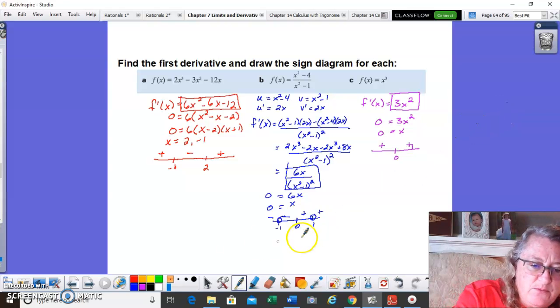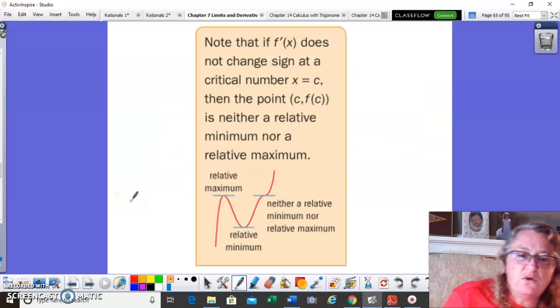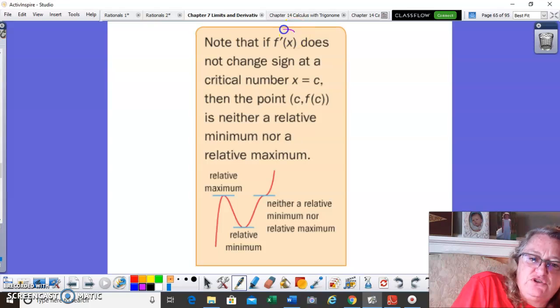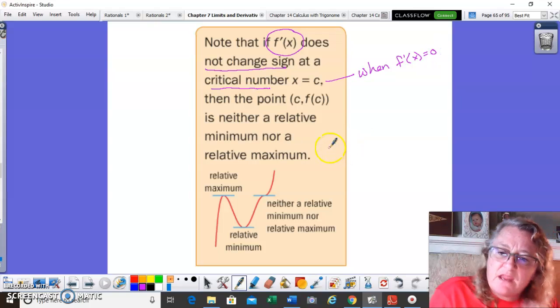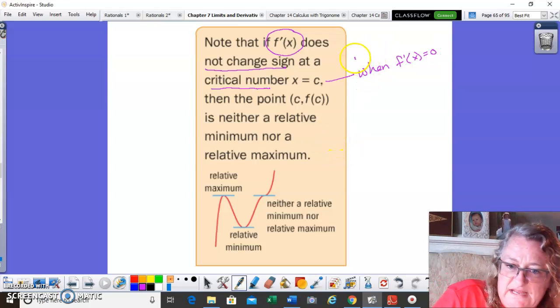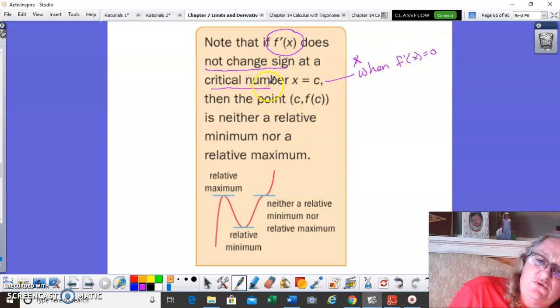So next up, what we want to talk about is what some of this stuff is going to mean for us. So if the first derivative does not change sign at a critical number, which is the x value when the first derivative equals 0, then if there's no sign change there, it is neither a minimum nor a maximum.